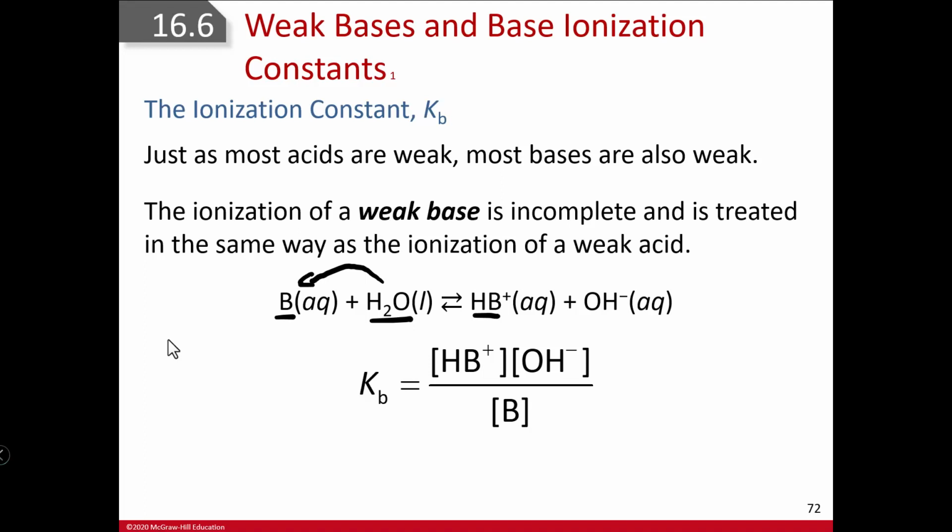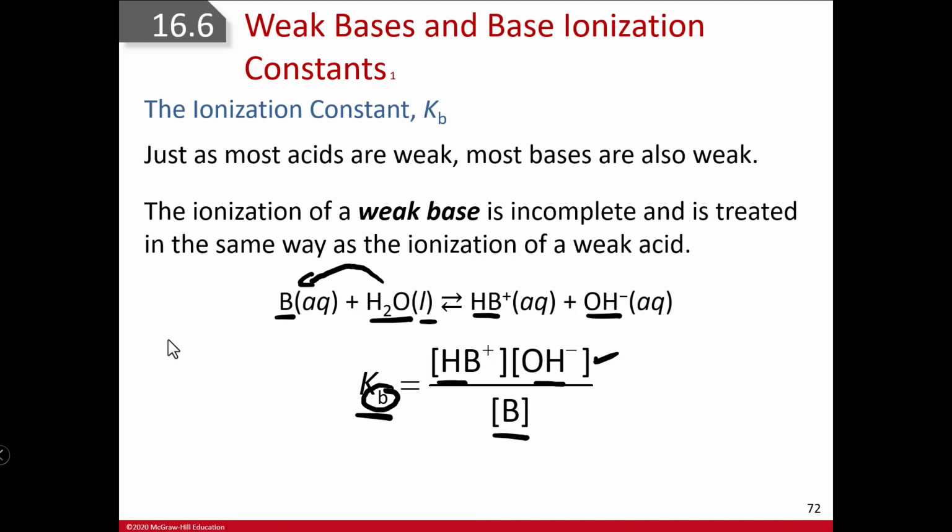We get HB positive here, and then that generates the hydroxide ion. And again, water is a pure liquid, so we don't see it in the expression. It's integrated into the equilibrium constant itself, the base constant. So you have the concentration of your products divided by the reactant, just like we had in chapter 15. But again, the key is the hydroxide ion has to be present in the expression if you're going to call it a Kb.